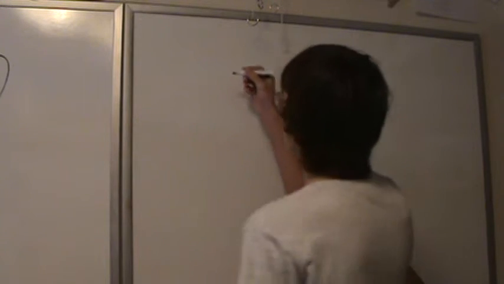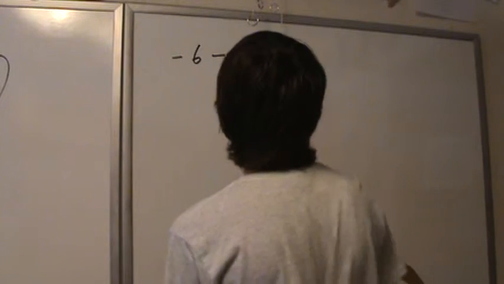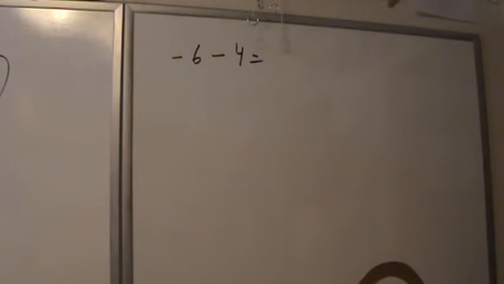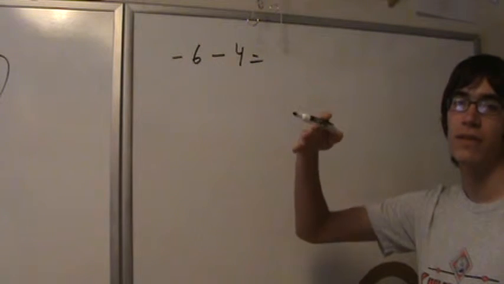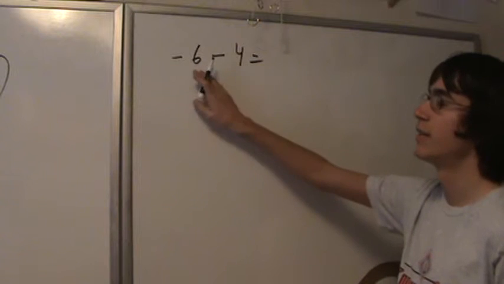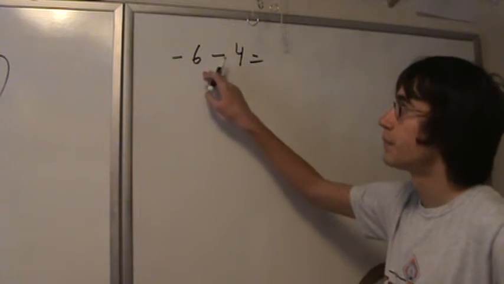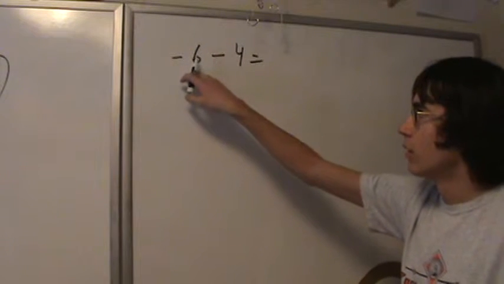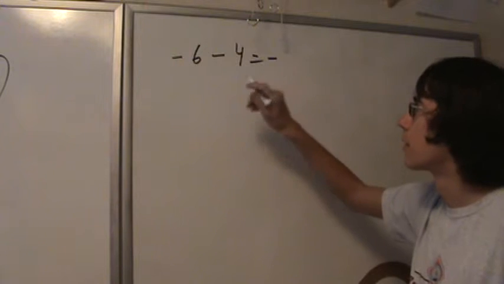What happens if we have a subtraction problem like negative 6 minus 4? If it's addition and subtraction, and if the larger quantity is negative, the answer is always going to be negative.